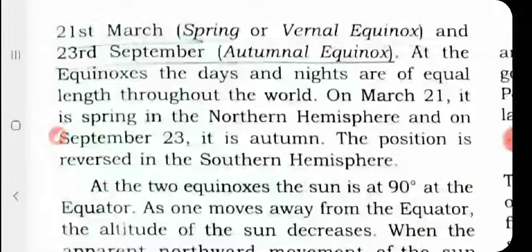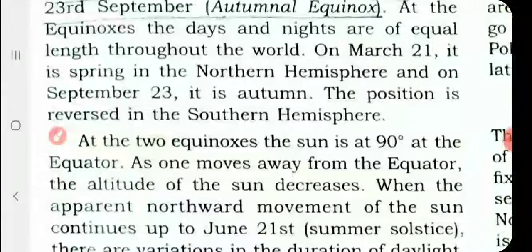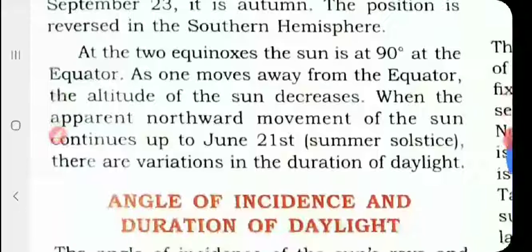Which are the 2 days? 21st March and 23rd September. That is known as the equinoxes, equal days. Except these 2 days, there is always variation in the duration of day and night.